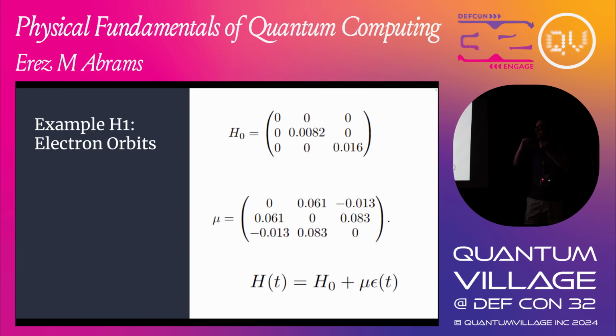And so we also have this dipole term. And this reflects how our system responds under an external electric field, right? Or is it a magnetic field? I don't remember. But we write the total Hamiltonian as this H0, called the field-free Hamiltonian, or the time-independent Hamiltonian. And then this mu is the dipole times this scalar epsilon of t term.